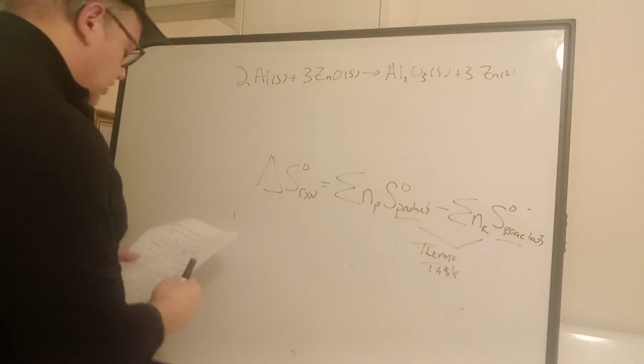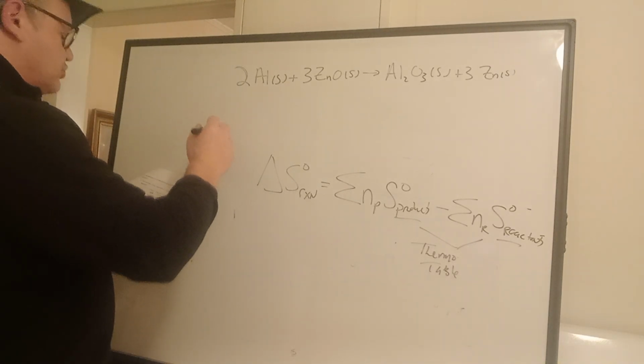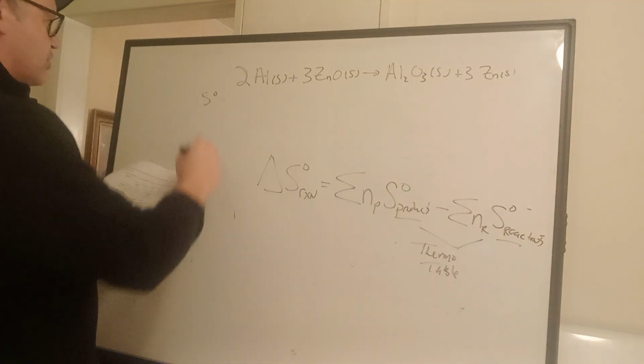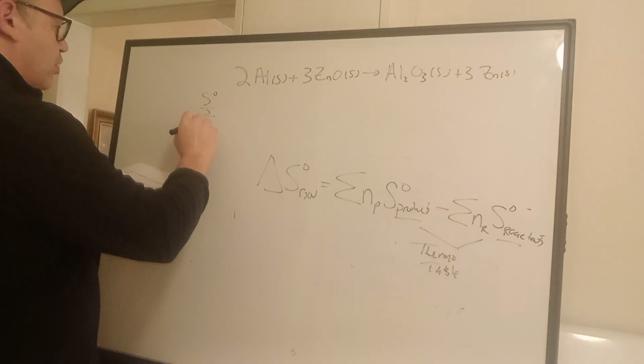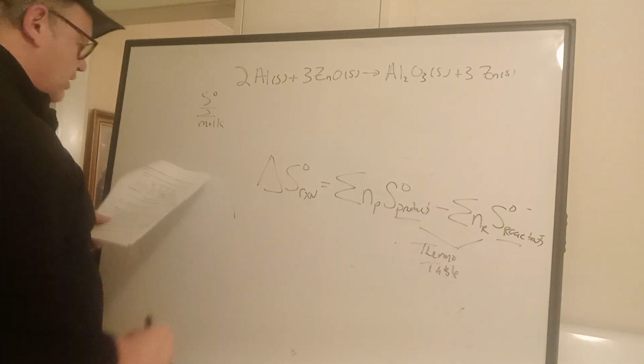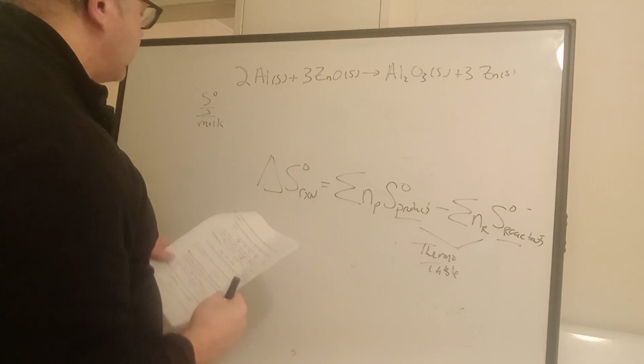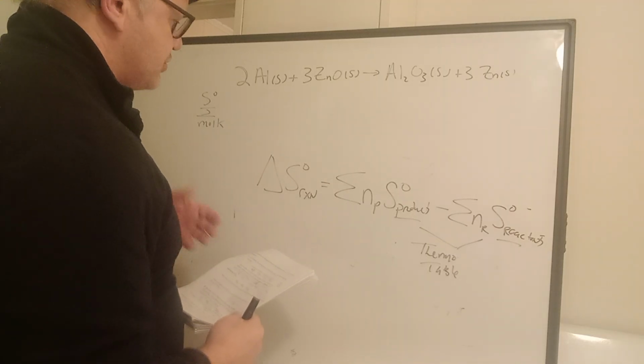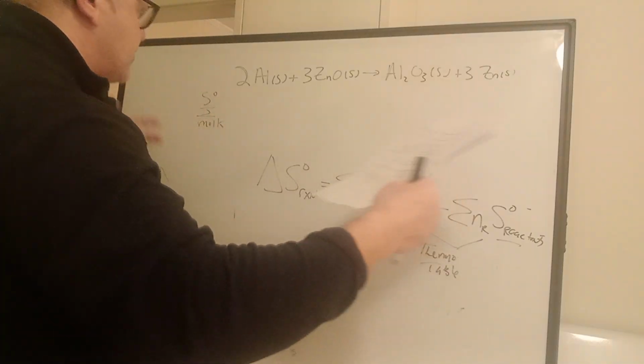So you go to the tables. I'm just going to write the values that I saw here. These would be S naught, the molar entropies in units of joule per mole Kelvin. When we write something like this, the interpretation of delta S naught of reaction per mole is per mole of reaction unit.